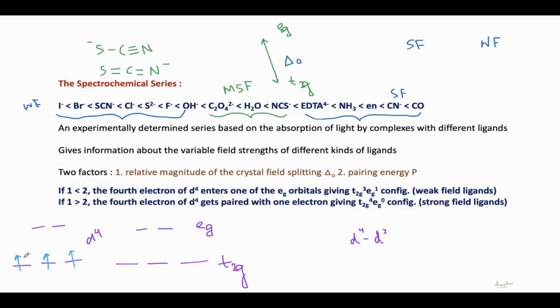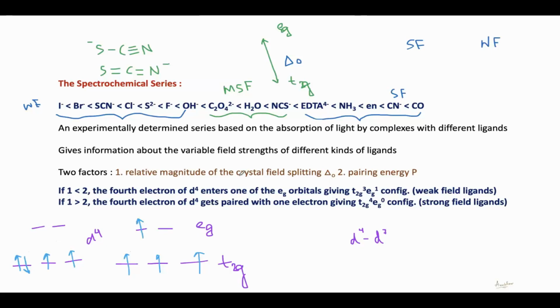The fourth electron might be pairing with a t2g electron itself, and we are not left with any electron in the eg orbital. In the other case, we are also filling the t2g by 1, 2, and 3, and the fourth electron, rather than pairing with the present t2g electron, goes to the eg orbital. So here you can see two different factors.